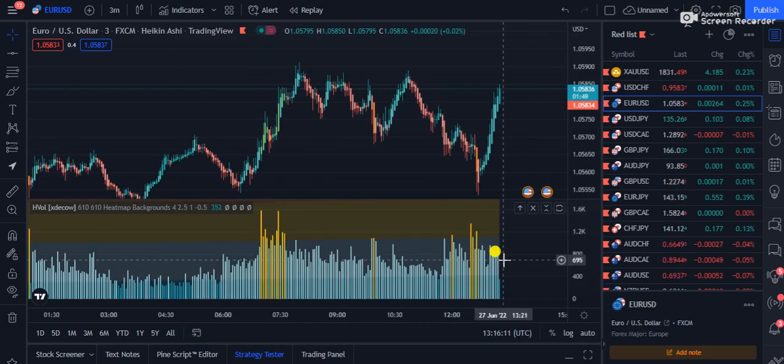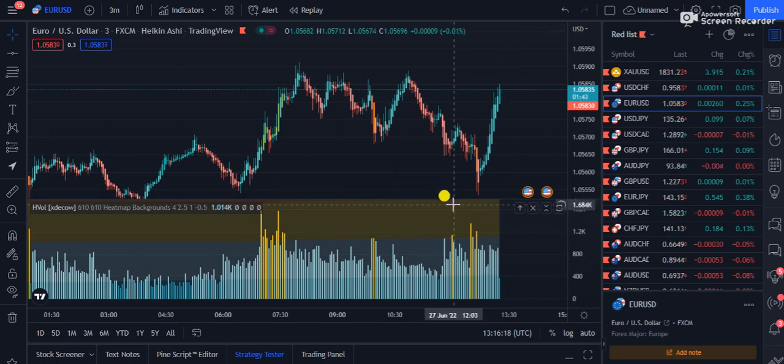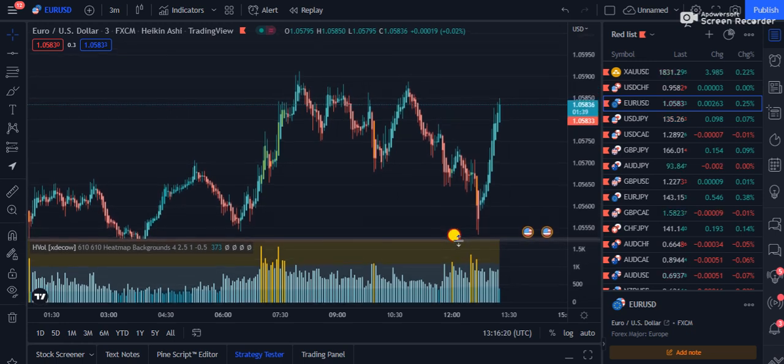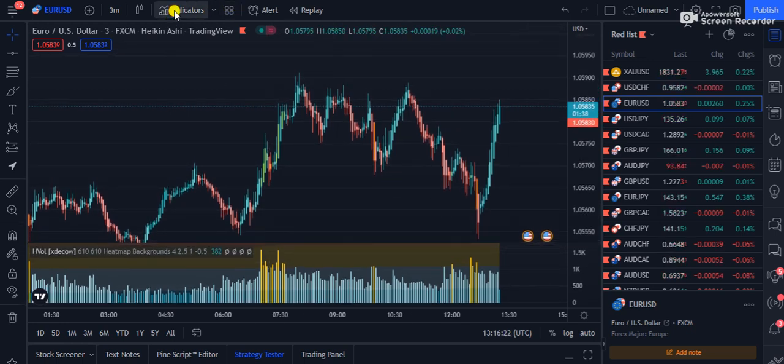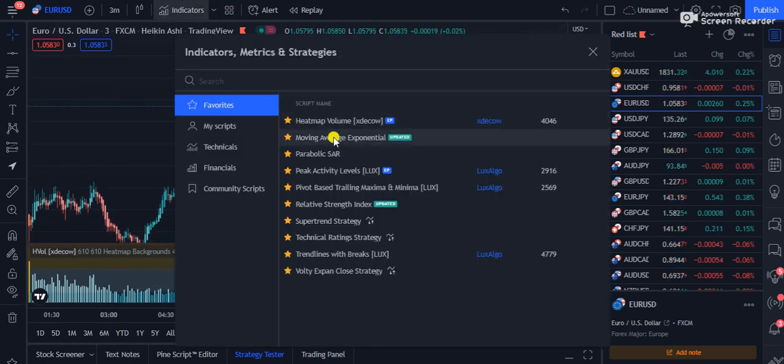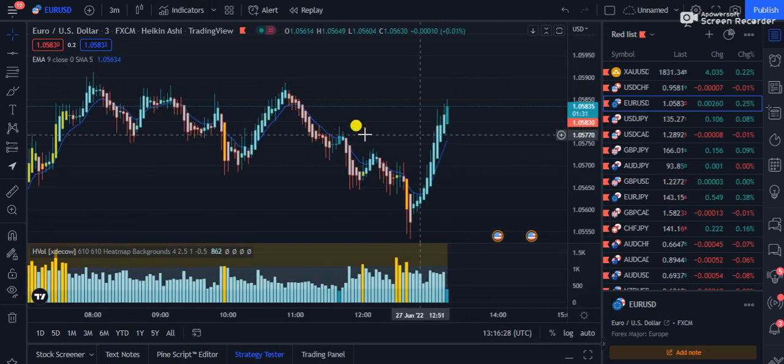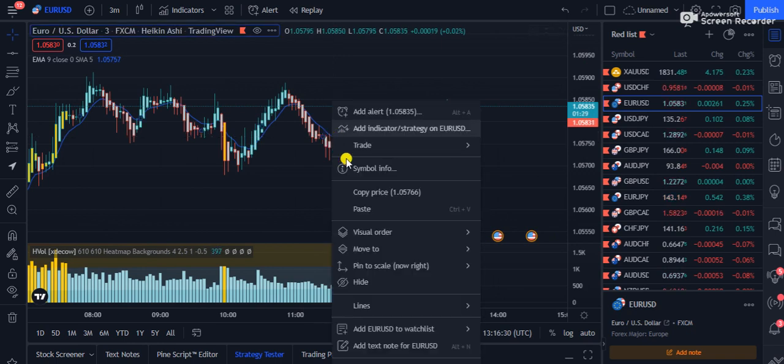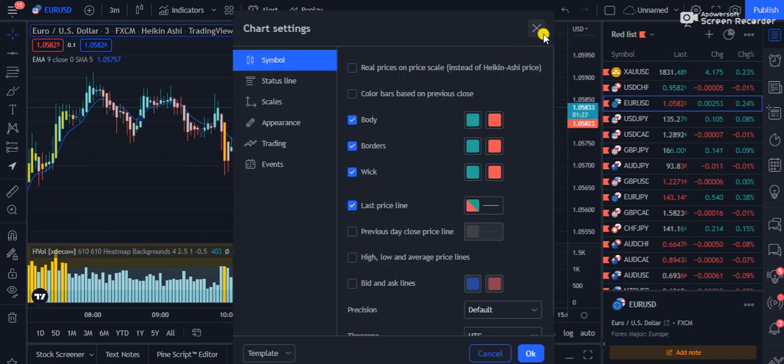We will be using two other indicators with this indicator so that they can be more beneficial to us and our strategy can become more powerful. The second one is the moving average exponential. Add the exponential moving average, click on the blue line and go to the settings.